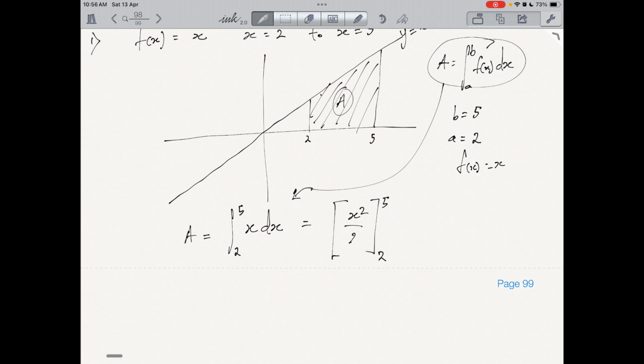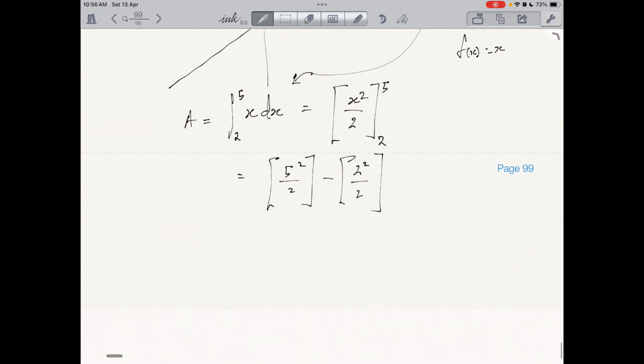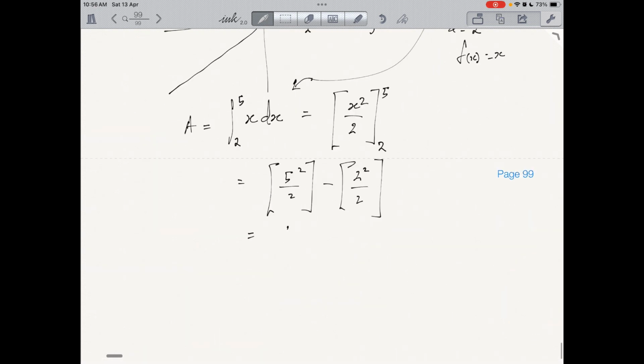Now we substitute our upper limit, that is 5 squared divided by 2, minus the lower limit, that is 2 squared divided by 2. This will give us 25 over 2 minus 4 over 2, which gives us 10.5. Area is given in terms of square units.